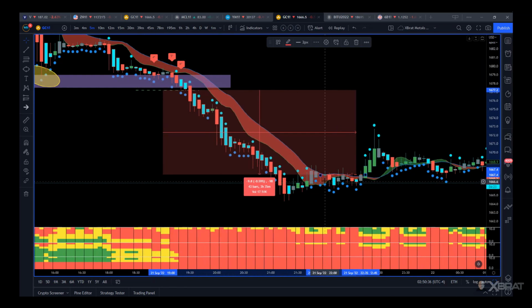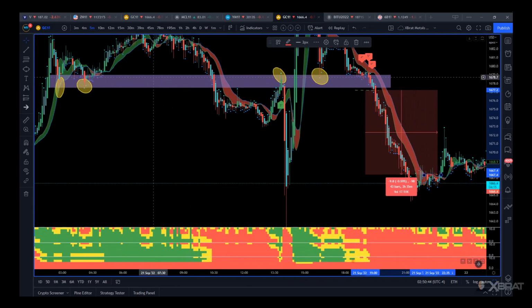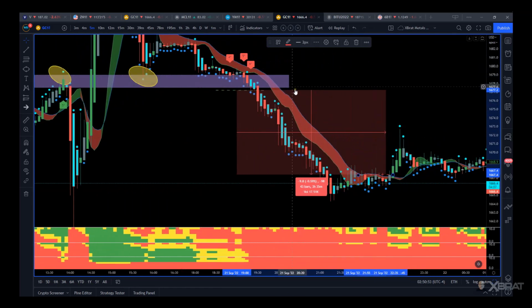It's all about the steps: signal, confirmation. Then you've got to do your own due diligence. You've got to look at these support and resistance zones, figure out your entry strategy, then your trade management strategy. You come back to the manager.